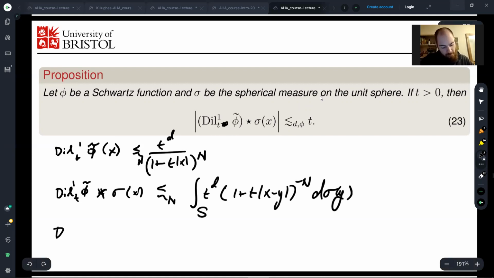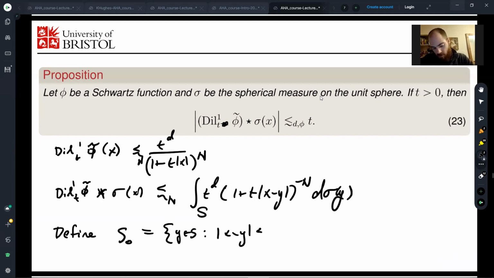So define S naught to be the set of y in S such that |x minus y| is at most some constant times t inverse. Maybe that constant's 10 if you prefer.